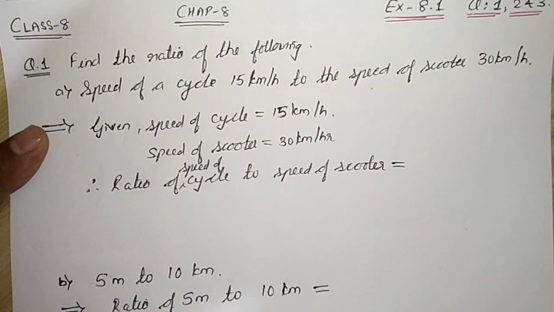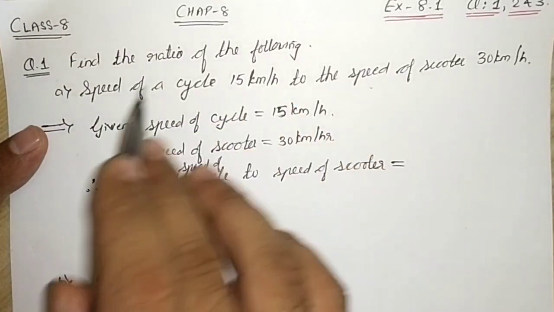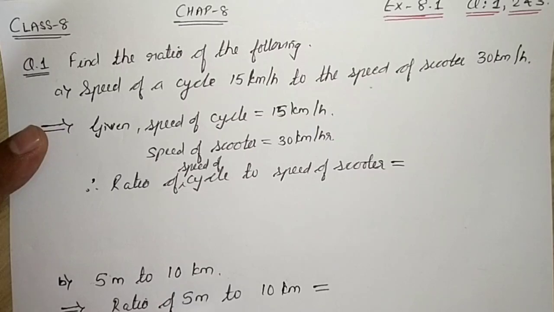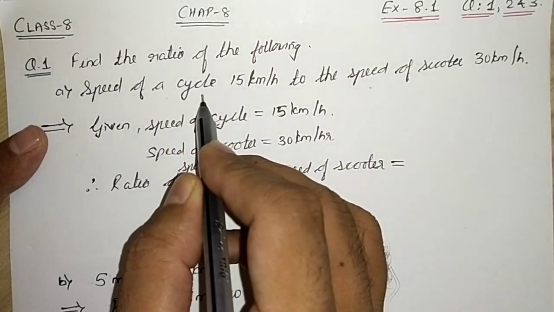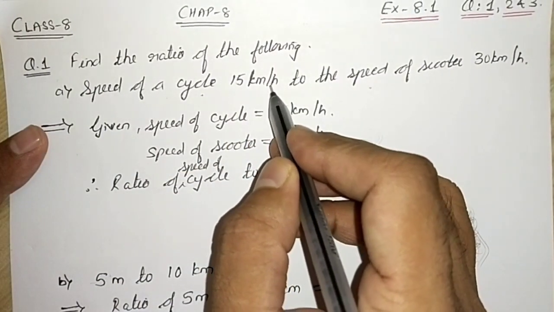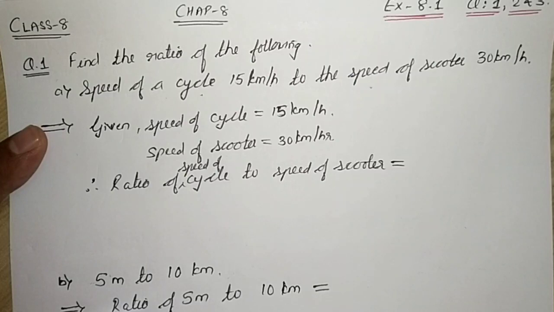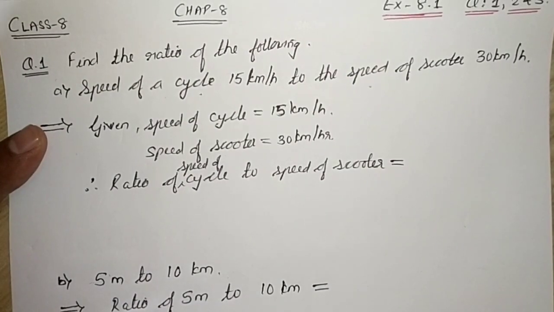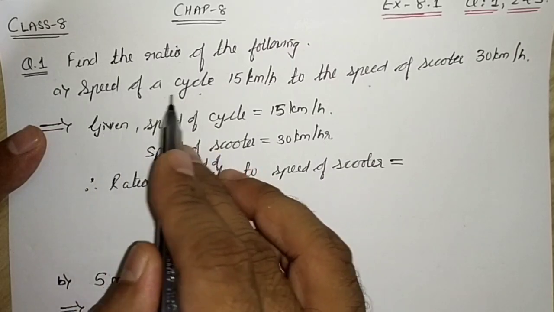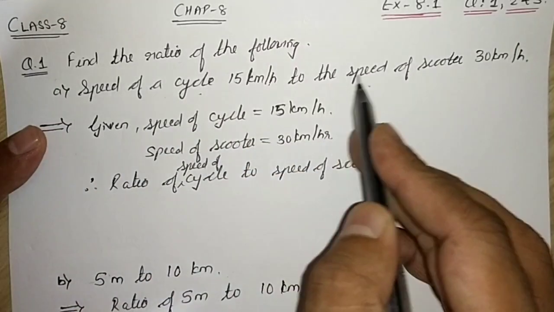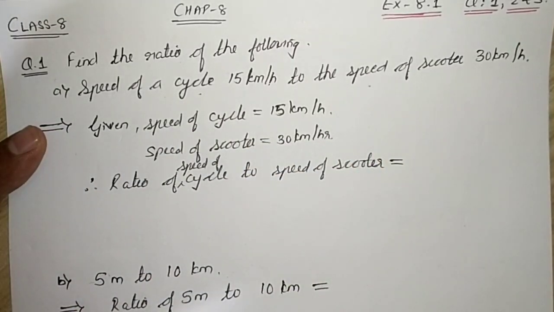So question number 1 says find the ratio of the following, and it has 3 parts A, B and C. Part A says speed of the cycle is 15 km per hour to the speed of the scooter 30 km per hour. We have to find the ratio of the speed of the cycle to the speed of the scooter.